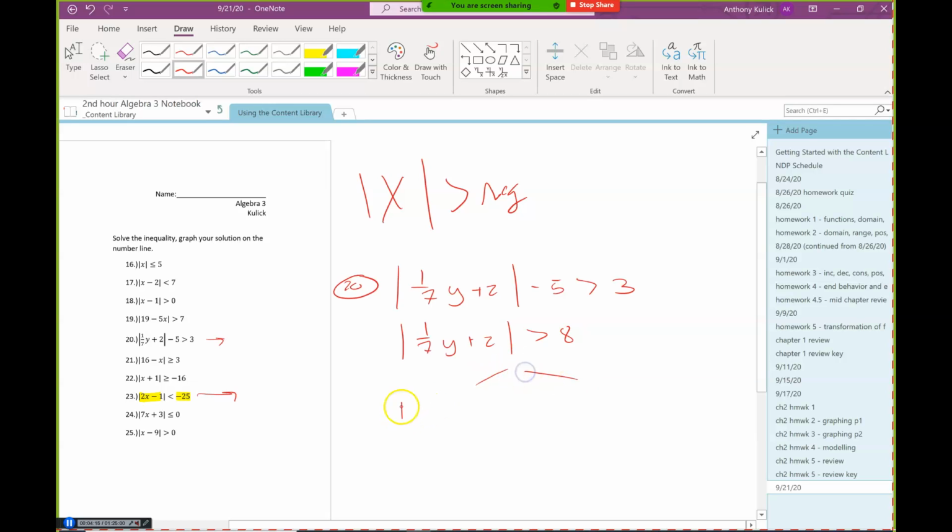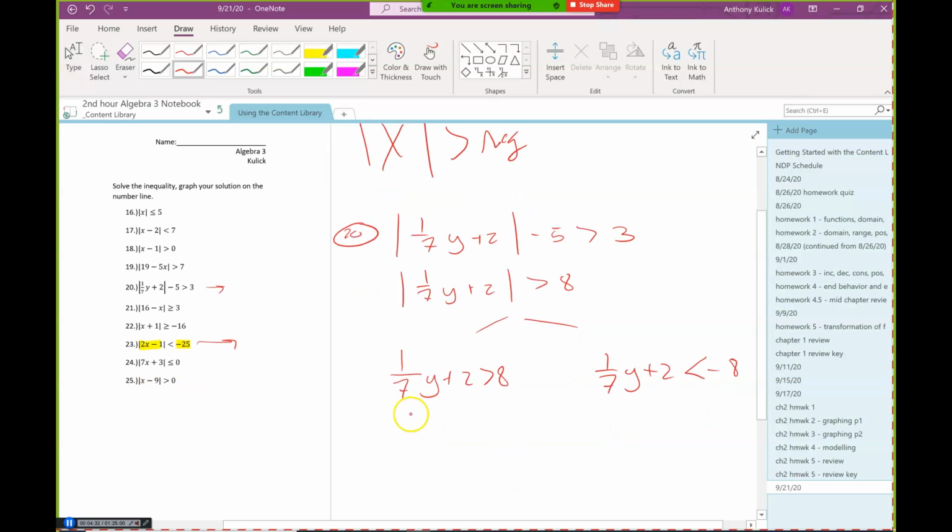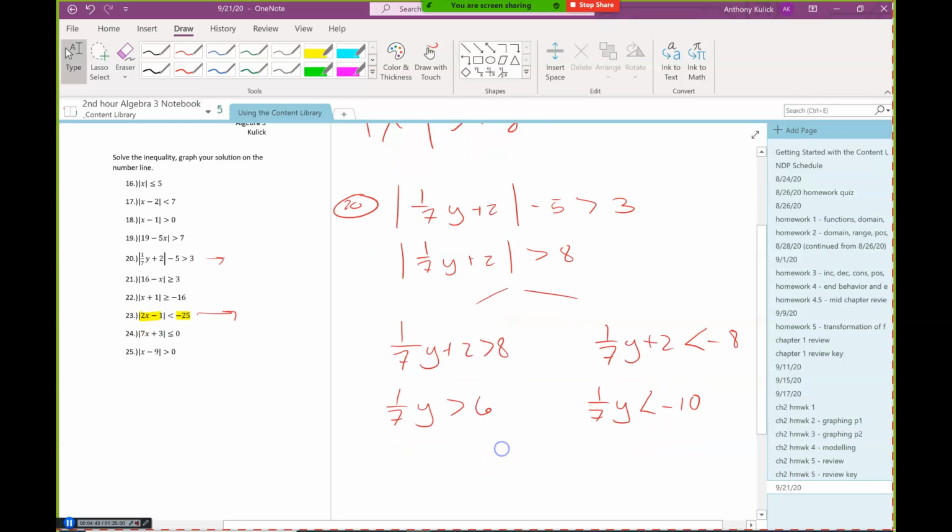And then we'll split this into 2 equations, or I should say inequalities. I have to remember that when I make the one answer negative, I have to remember to flip the inequality symbol. And I'll solve each of these inequalities separately, so I'll subtract 2. And then we'll multiply both sides by the reciprocal, which is the same thing as dividing by 1/7. So I'll multiply by 7.